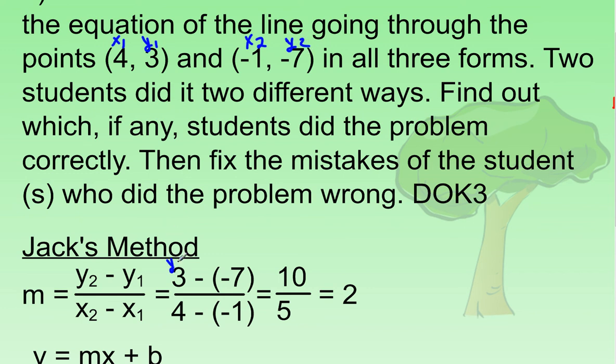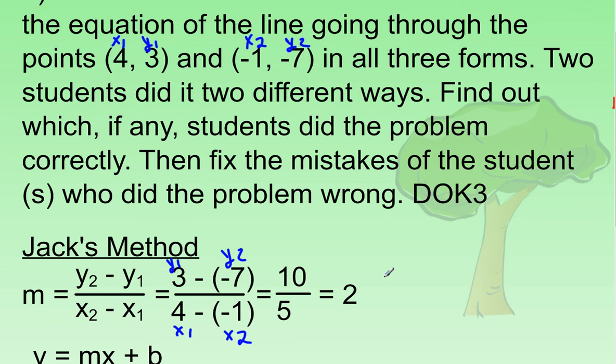This is y1, y2, x1, x2. But he somehow still got the right answer. The reasoning is, this is actually still allowed. You can take y1 minus y2 and then x1 minus x2, as long as you're consistent. If you do the first point minus the second point, or the second point minus the first point, you should still get the same answer.